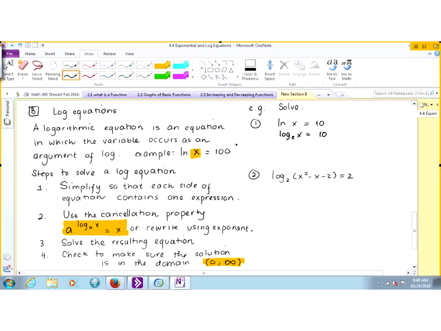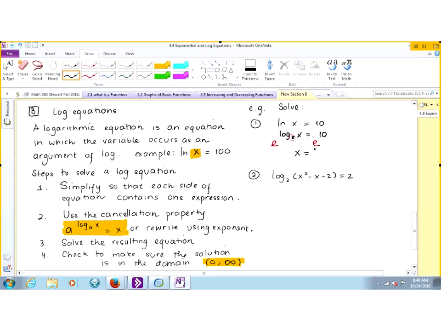If I want to use the cancellation property, what base do I use? e. So e raised to the left-hand side is equal to e raised to the right-hand side. So what is e raised to the log base e of x? x.